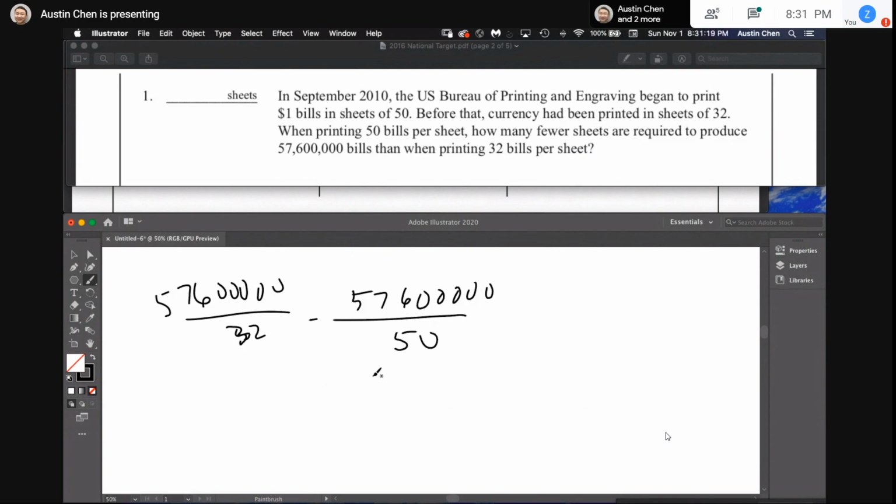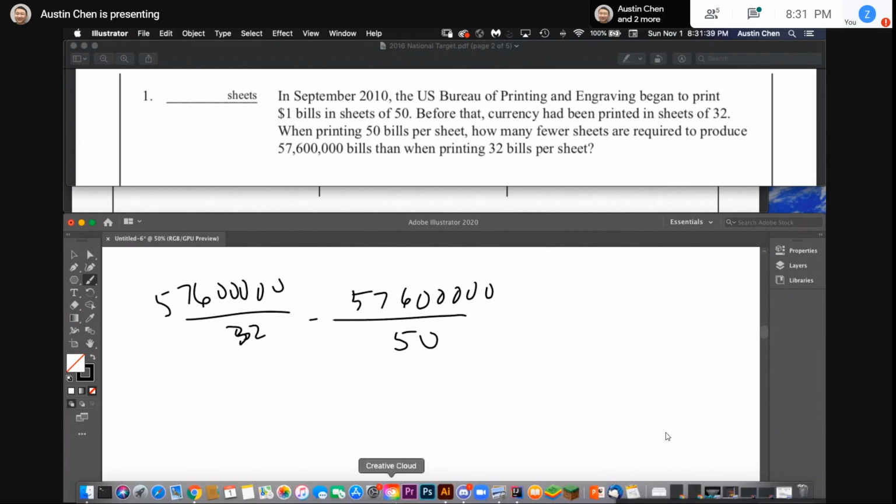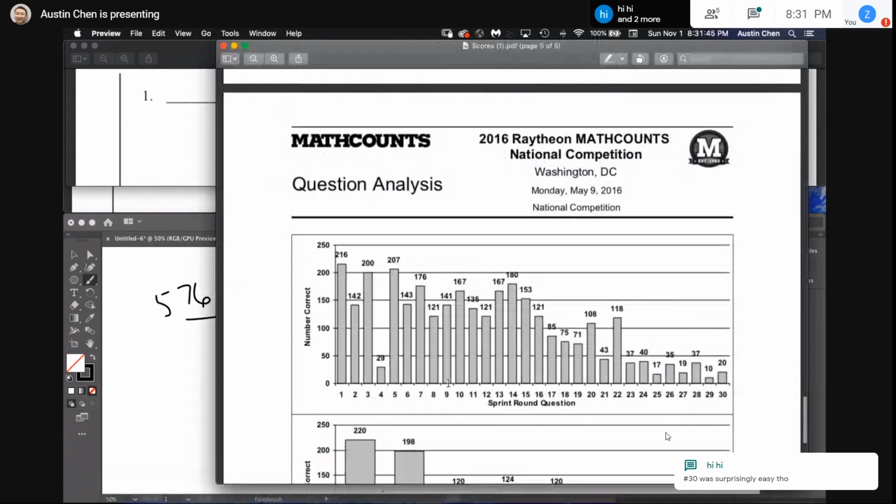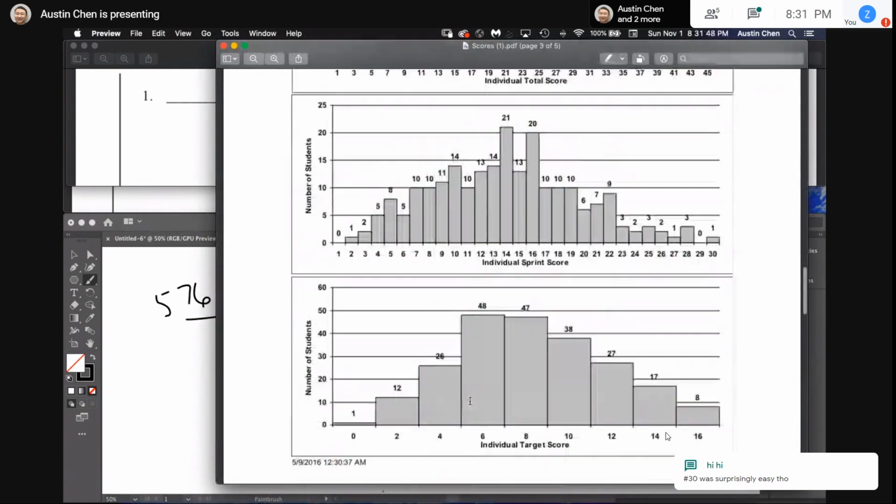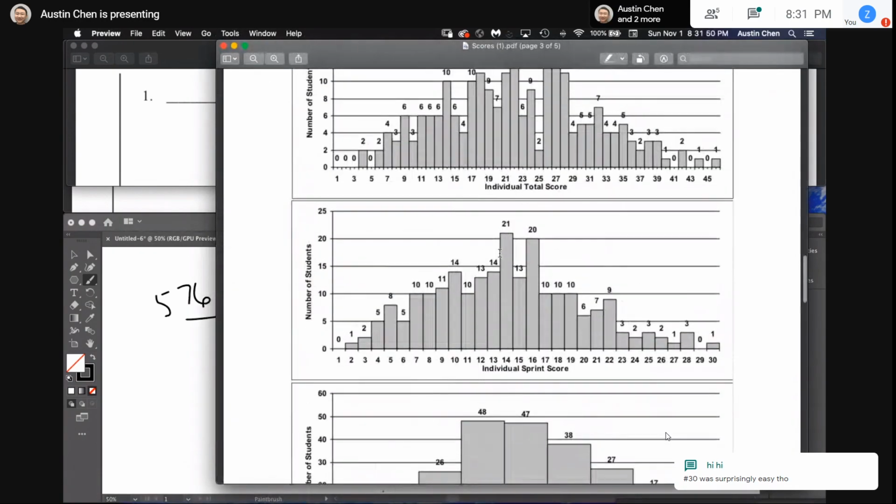Yeah, I guess national sprint is pretty hard, like with a time limit. Maybe if we had good days, we would do fine, if we didn't have a bunch of computational errors. But you can see the score distribution on the sprint scores.